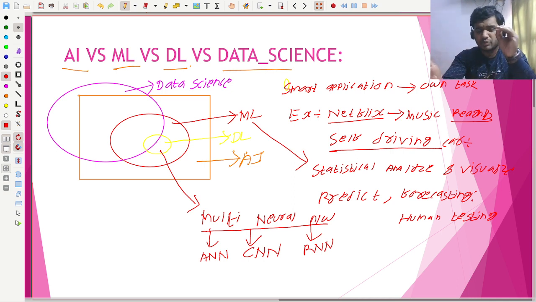Deep learning totally depends upon the neural network, and it is a subfield of machine learning. Data science involves extracting insight and knowledge from data using a combination of statistical and computational techniques.